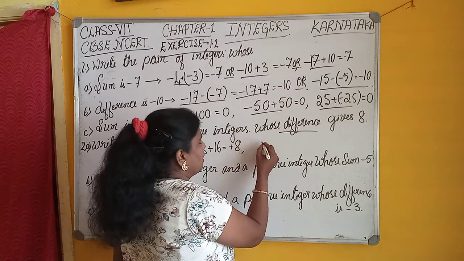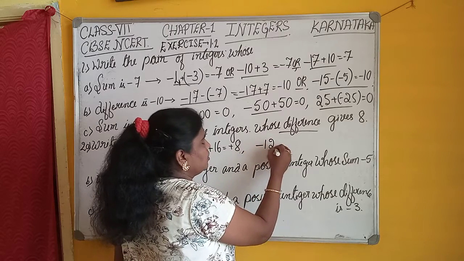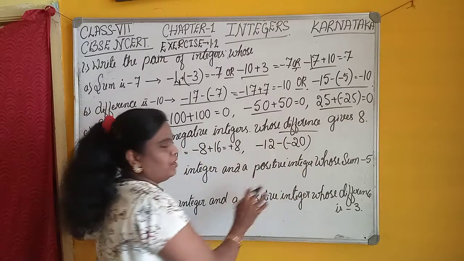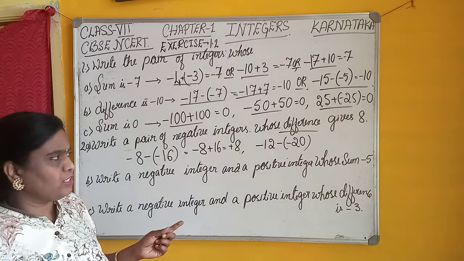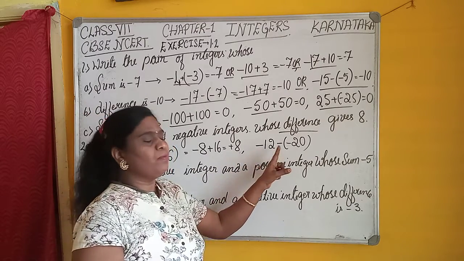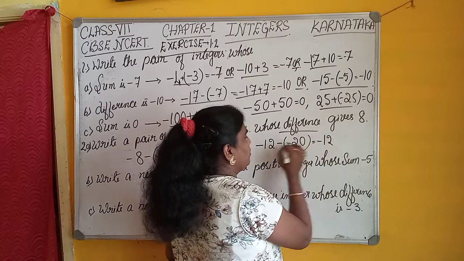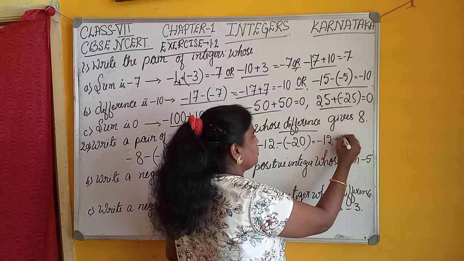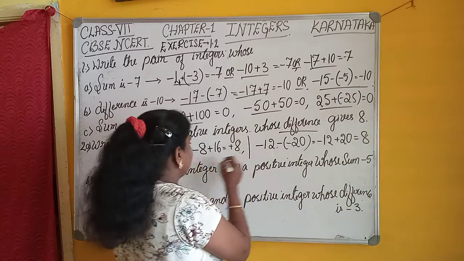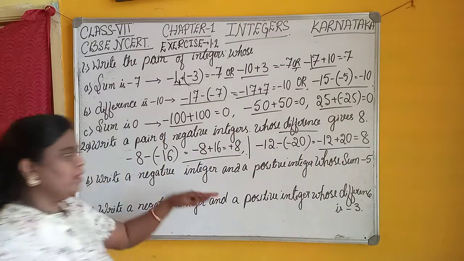Like that, -12 minus of -20. We know 20 minus 12 is 8. That's why we are taking -12 minus of -20, which is equal to -12 plus 20, that is equal to 8. Like this, you can make the set of integers to get the numbers.